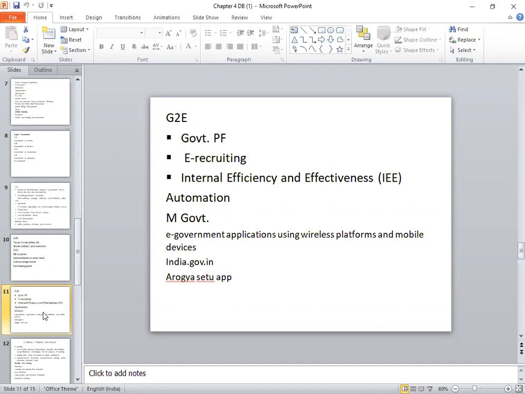Again, e-recruitment from the government to the employees. So here whenever the government thinks of employing through this medium, informing the masses, informing the employees. Now for whom is it possible? When I'm saying it's the e-recruitment, government to employees.